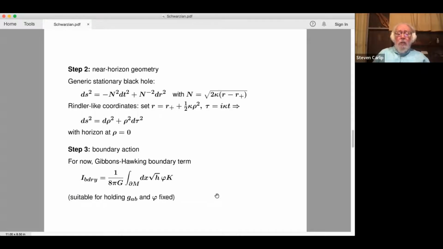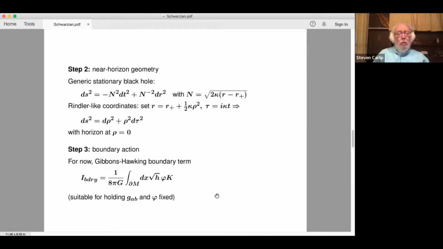The third step is that if we're looking at a boundary, in this case, either the horizon or a slightly stretched horizon, then typically the action requires boundary terms. Otherwise, the variation of the action isn't an extremal because you get terms from integration by parts that don't vanish and destroy the extremality of the action.